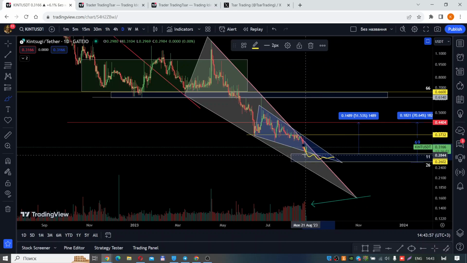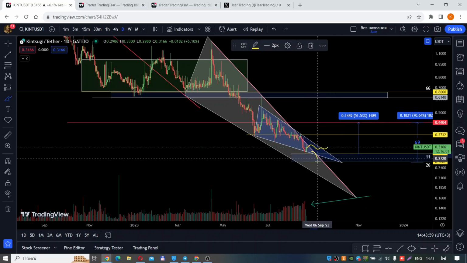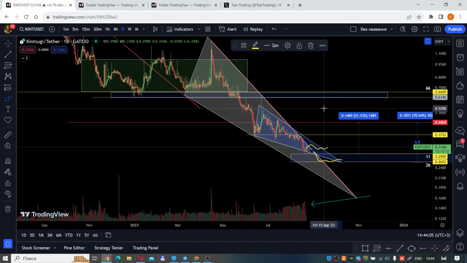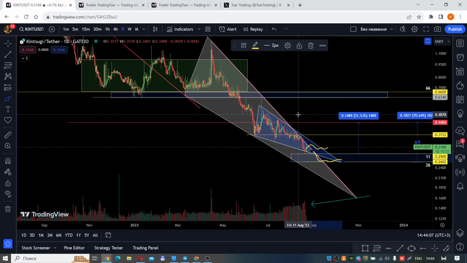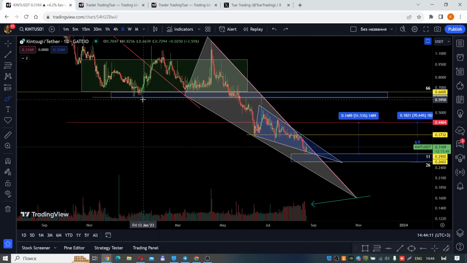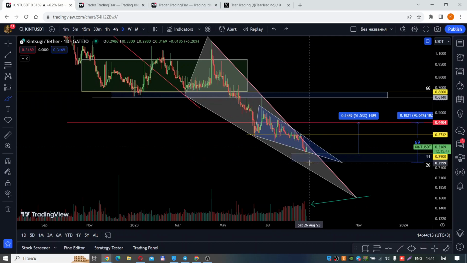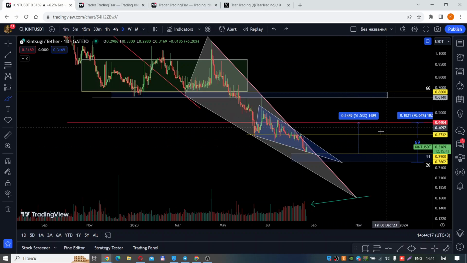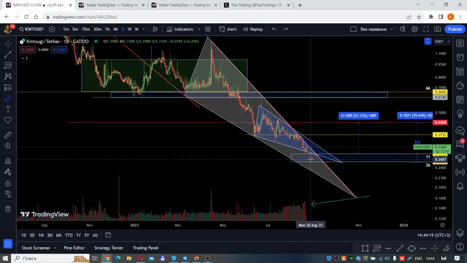It doesn't matter where it forms. It can form here or it can form around here. You don't get into the market before the price has formed a bottom, but after it has, you can now enter the deal. And on these types of coins, it is probably more logical to put stop losses, to put limit orders.